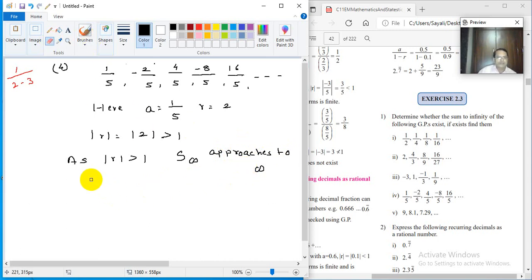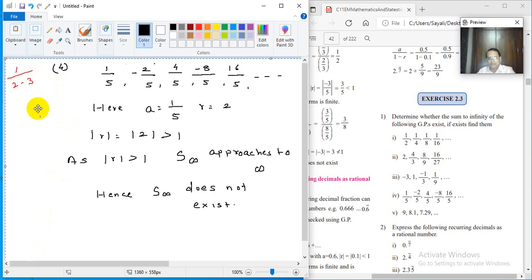So approaches infinity, hence S infinity does not exist. कसं आहे बघा, ज्यावेळी एखादा तुम्ही सम अप टू इन्फिनिटी एक्झिस्ट होते असं म्हणता, ह्याचाच अर्थ ती फायनाईट असणार. ओके, वी शुड अंडरस्टँड दिस की एक्झिस्ट आहे असं म्हणताय म्हणजेच ती फायनाईट आहे असा त्याचा खरा अर्थ होतो.